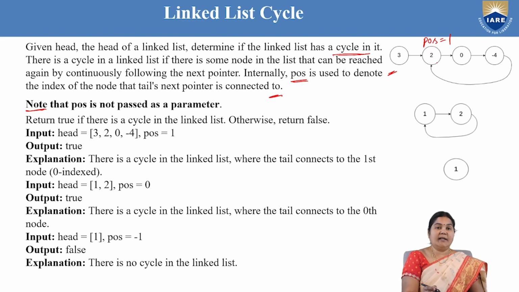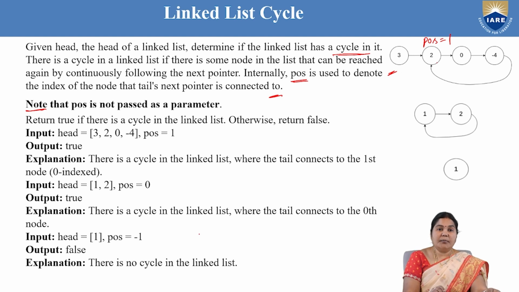That means while writing the code, you should not use position as a parameter to solve this problem. Position is just additional information given in the question about which node the last tail's pointer is connected to, but you should not use it as a parameter while writing the code. Right?